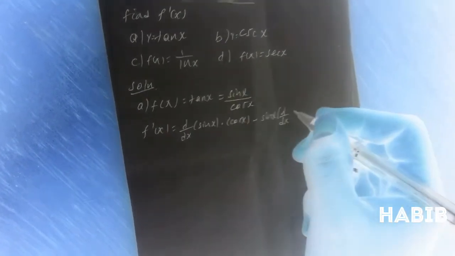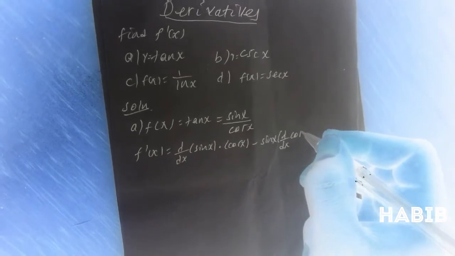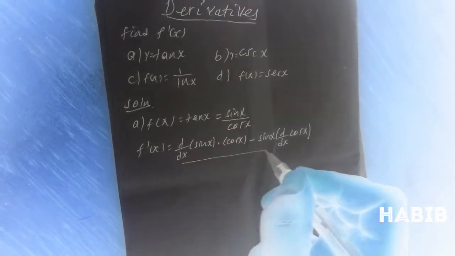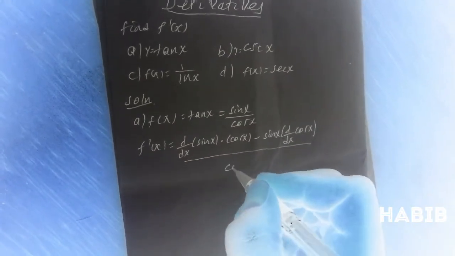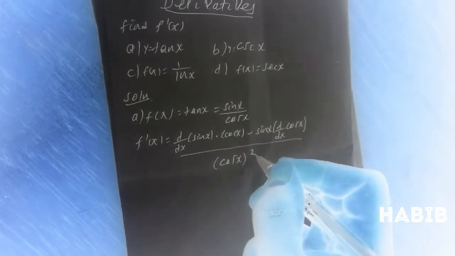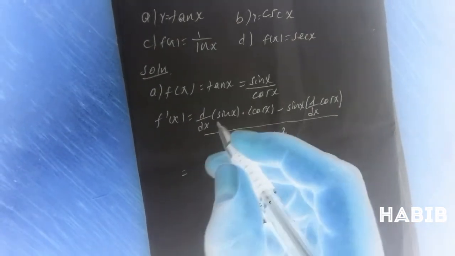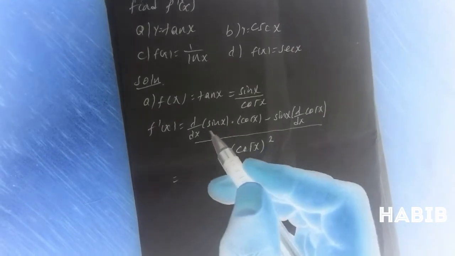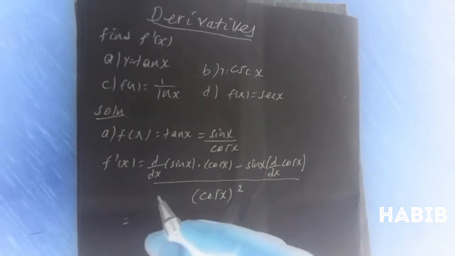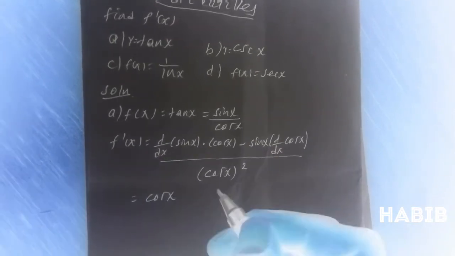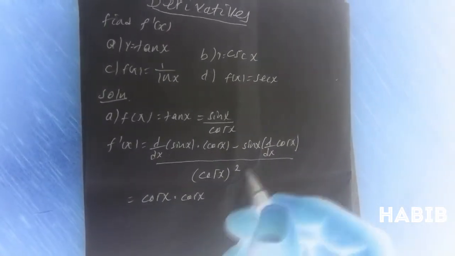d by dx of the numerator sin x times the denominator cos x, minus the numerator sin x times d by dx of the denominator cos x, the whole over the denominator squared, cos x the whole square.